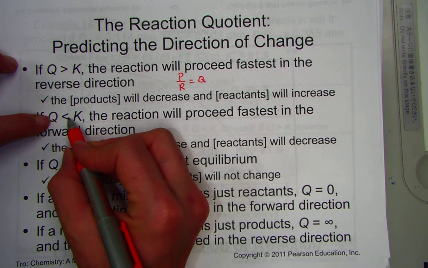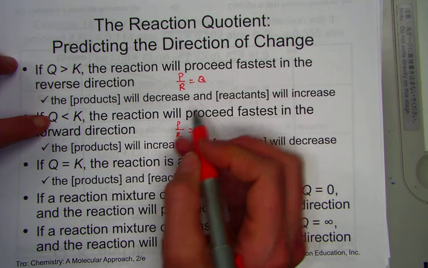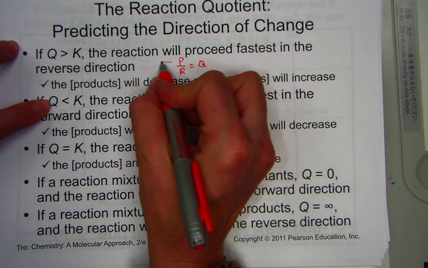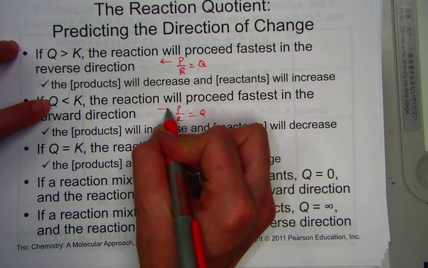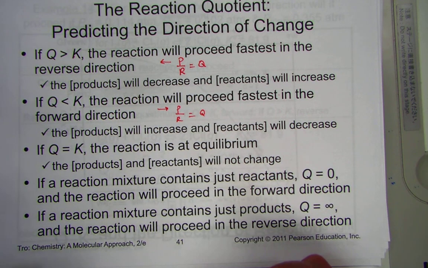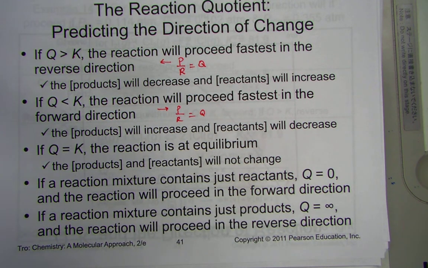If Q is smaller than K, if it's coming out too small, we don't have enough product. You better head to the right and make more product. If we need that number to get bigger, we need more product so that number gets bigger on the top. If indeed you calculate and they are the same, well then we are at equilibrium.